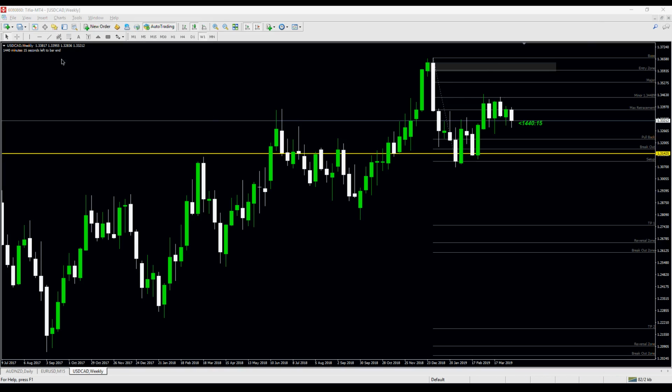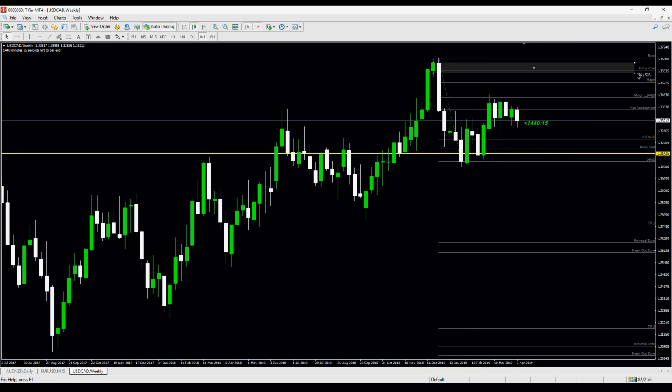What is the market trying to tell us? It's trying to tell us that there is already a confirmation that the market's going down. And at some point, sooner or later, it will try to retest this area and actually go for TP1.